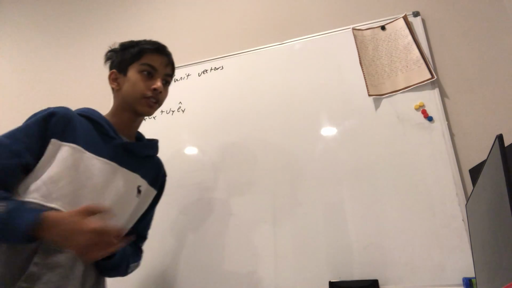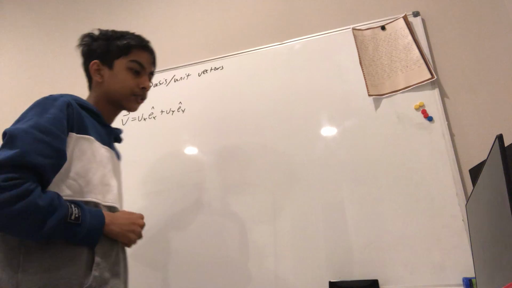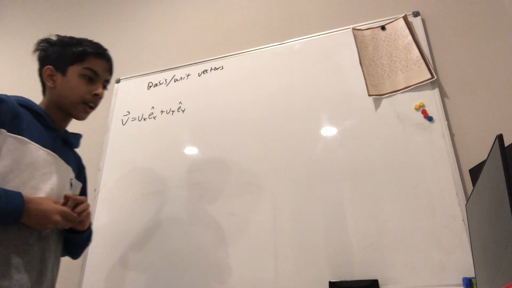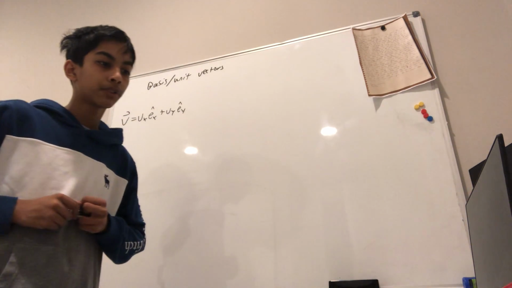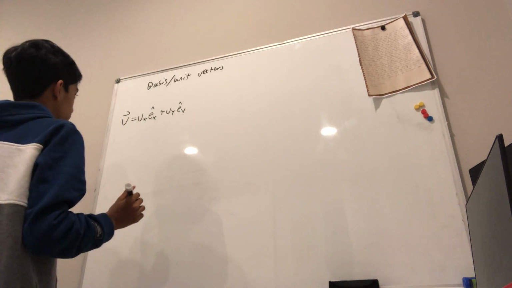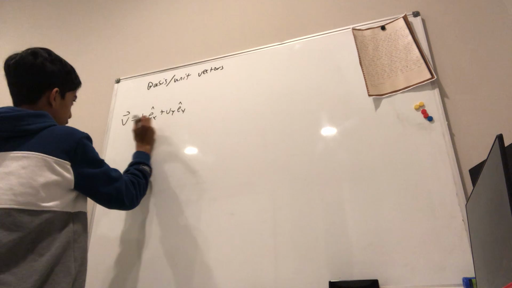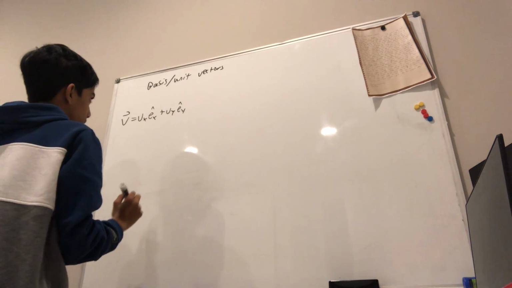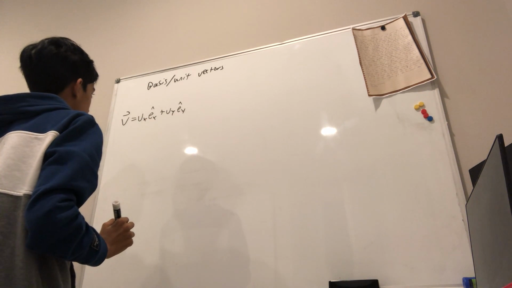But I'm just going to be using e hat sub x because I think it's easier to understand, and people are more familiar with Cartesian coordinates. So we have this vector v that's equal to vx e hat x plus vy e hat y.